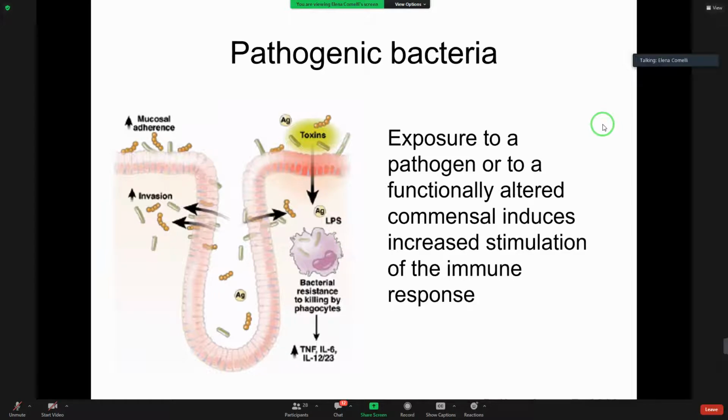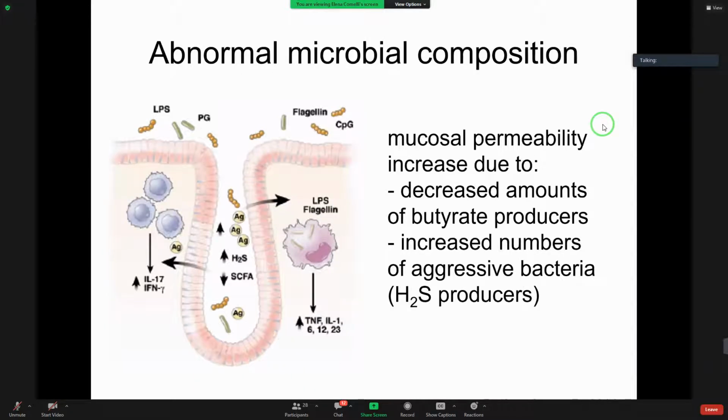So in terms of the pathogen bacteria, the exposure to a pathogen or to a functionally altered commensal microorganism can induce an increased stimulation of the immune response. It may be the pathogen itself, it may be a toxin that gains access to the epithelium and then they generate an inflammatory response. But homeostasis can also be challenged by dysbiosis.